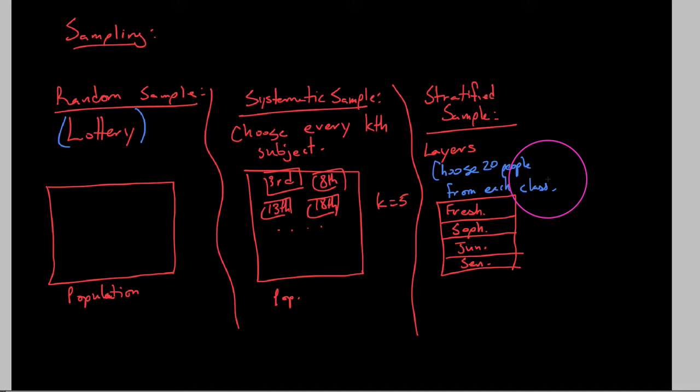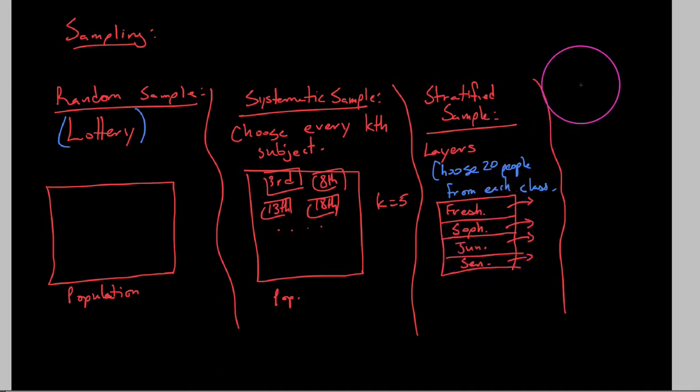This would be considered a stratified sample because when we pick 20 people out of each of these, we're picking out of layered batches already, okay? So a stratified sample is any instance in which we're already picking a few out of each possible layer that already exists in the population, okay?